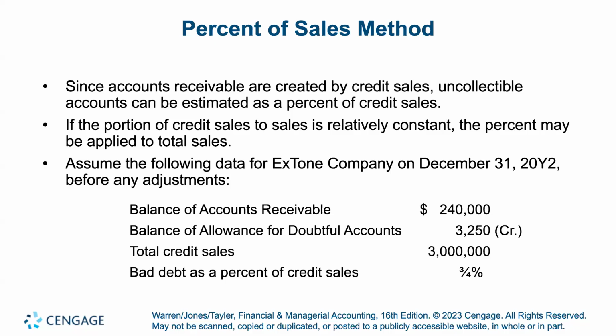And the answer is usually from past experience, right? You say, a certain percentage of the amount I sell, I'm just not going to be able to collect based on previous experience, maybe 1% or something like that. Or you can look at the amount that's receivable and say, past experience tells me that a certain percentage of the amount that's receivable at any given time is not going to be collectible.